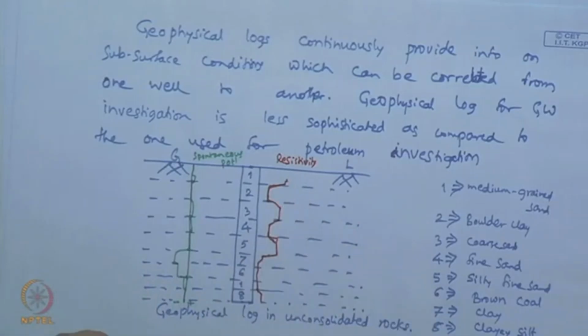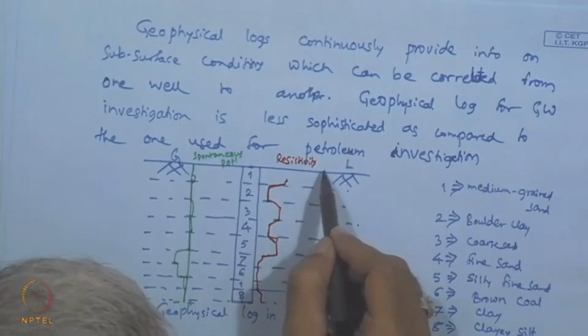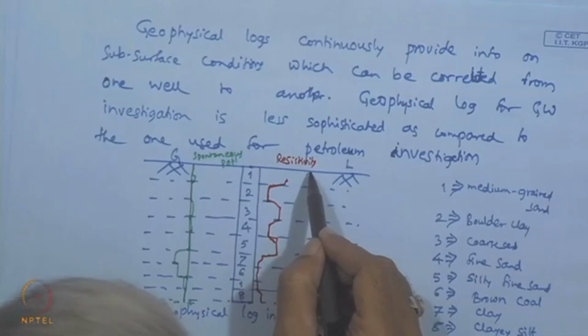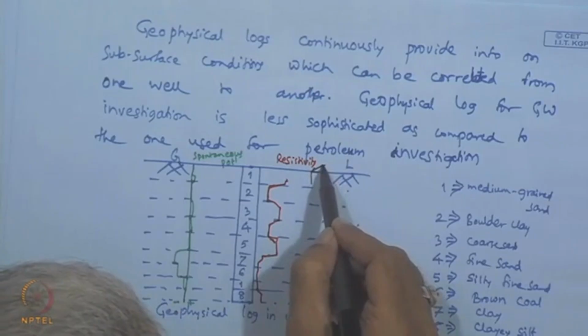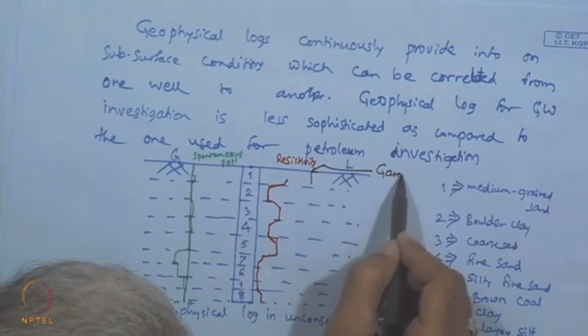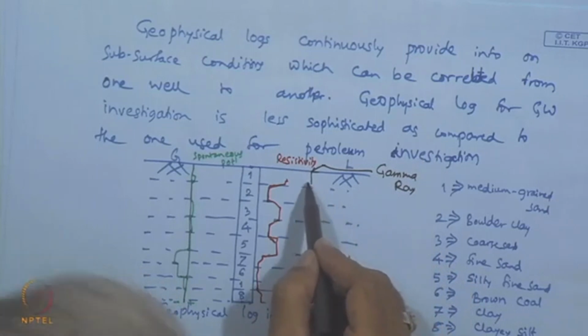So, this is the variation of the electrical resistivity, and then this is the variation of the gamma ray.